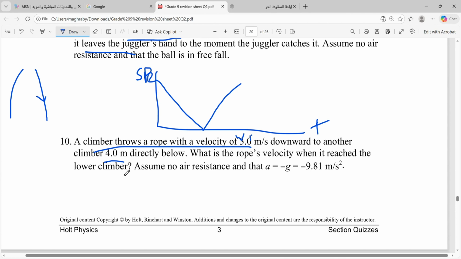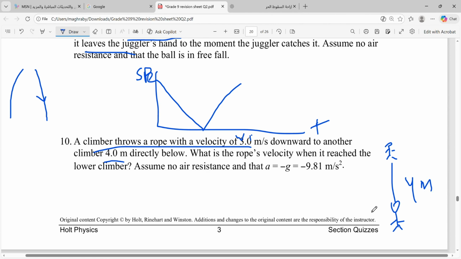It means the first climber was here, and the second climber is 4 meters below, like this, and this distance is equal to 4 meters. From this to this, 4 meters.